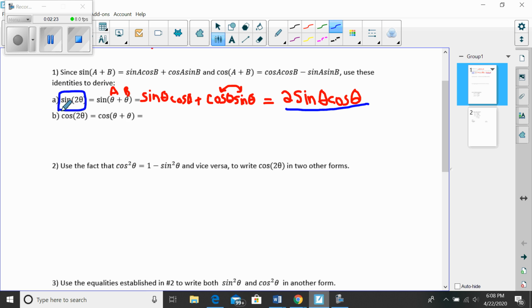Right? So you try cosine 2 theta. Right? Plug in theta over here. Plug in theta for both A and B. And see what you get. All right, so pause the video and try it. So you should have recognized that, oh, I should have my theta.